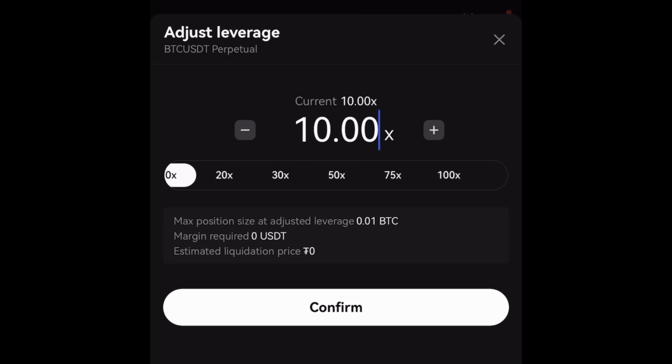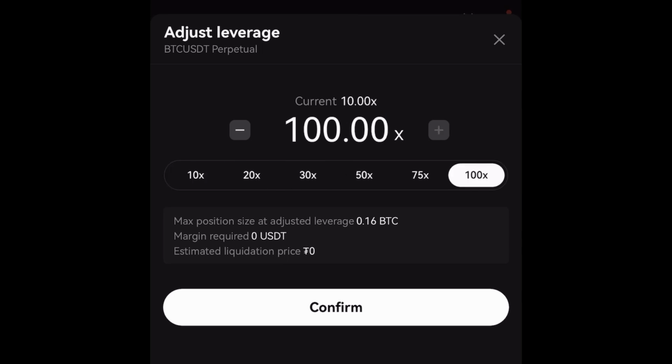Leverage is a kind of borrowed money. For Bitcoin, you can select up to 100x leverage, which means you have capital worth 100 times the amount you are using to enter that particular trade. So let's say you are taking a trade with $50 and you are using 100x leverage.